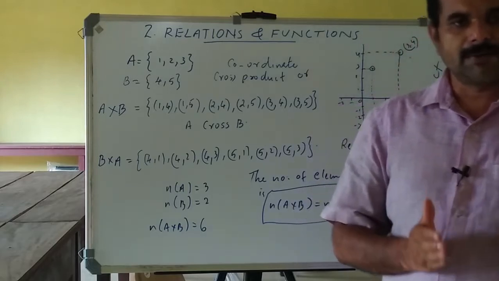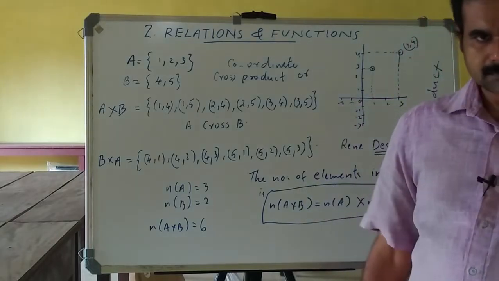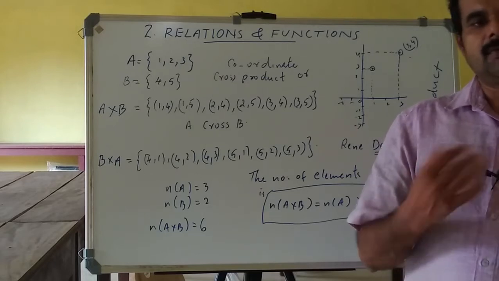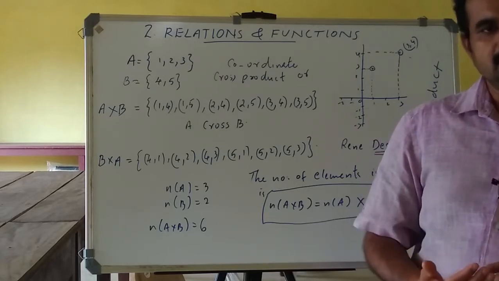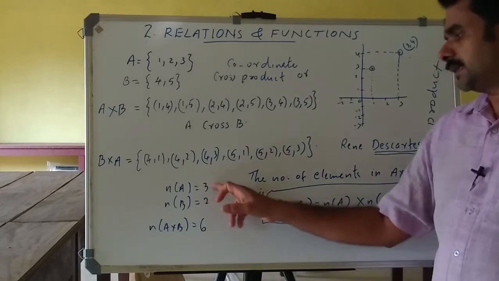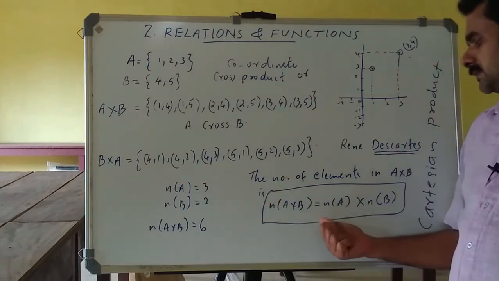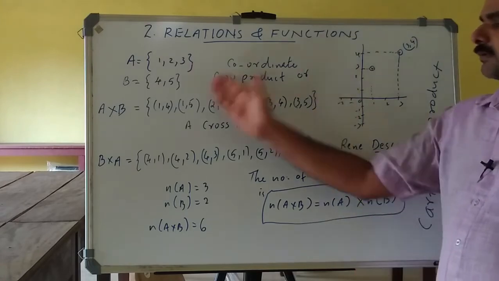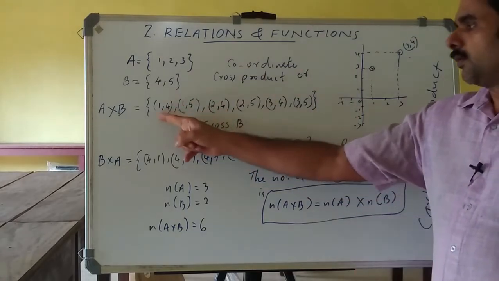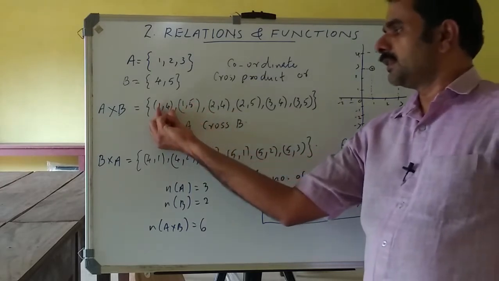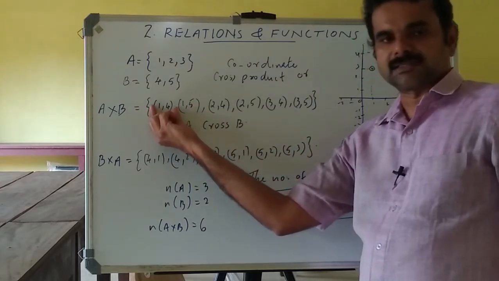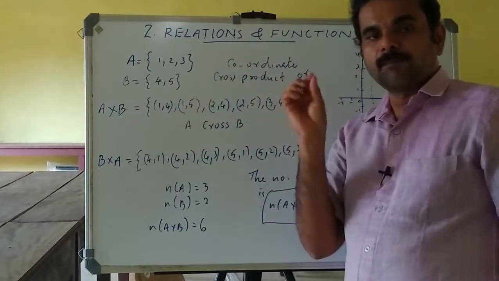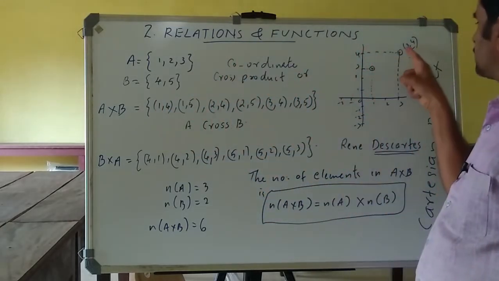If the number of elements in set A is M and the number of elements in set B is N, the number of elements in the set A cross B is what? M into N, 3 into 2. So n of A cross B is equal to n of A into n of B. So all these pairs within brackets are represented by a point, like the point (3, 4).